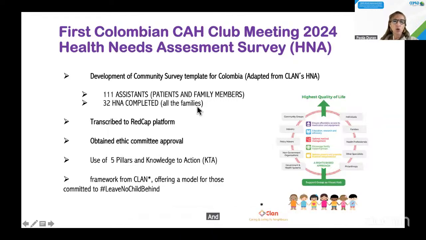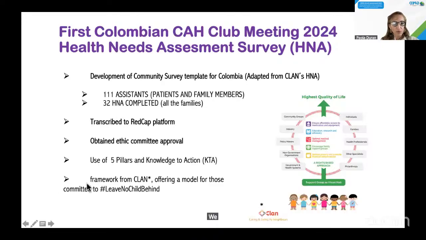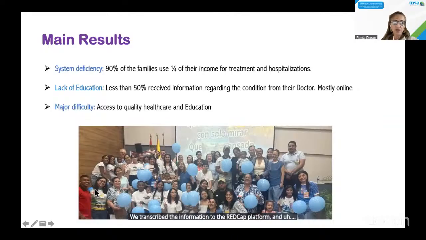And so we did the first Colombian club meeting. We had 111 attendees from 32 families that live with CAH in Bogota and the surroundings, Bogota being the capital of Colombia. We transcribed the information to the REDCap platform, and we obtained some results.